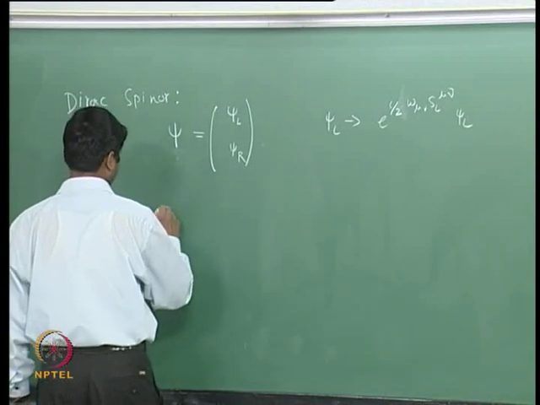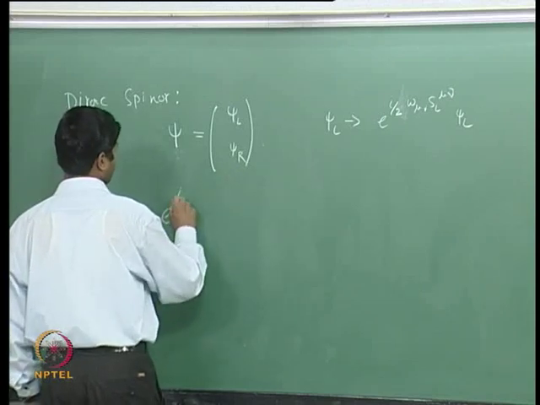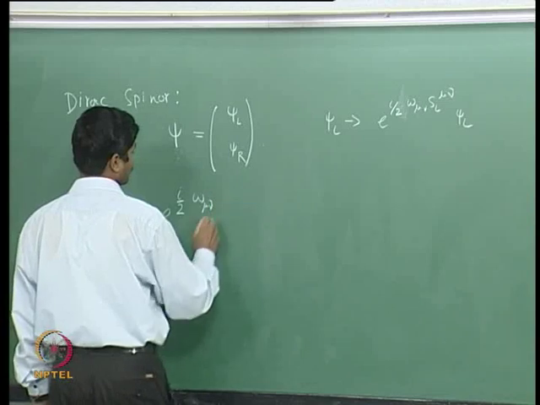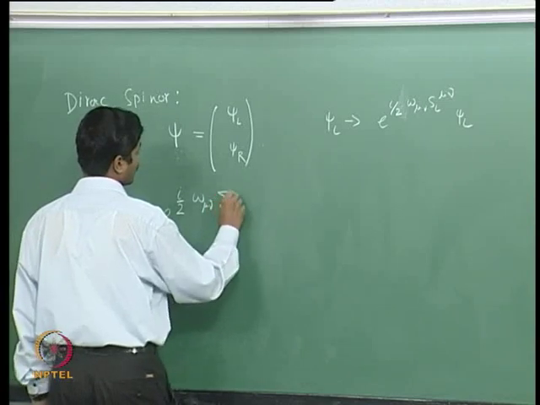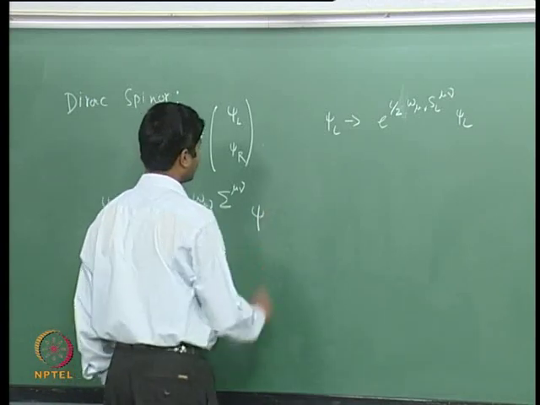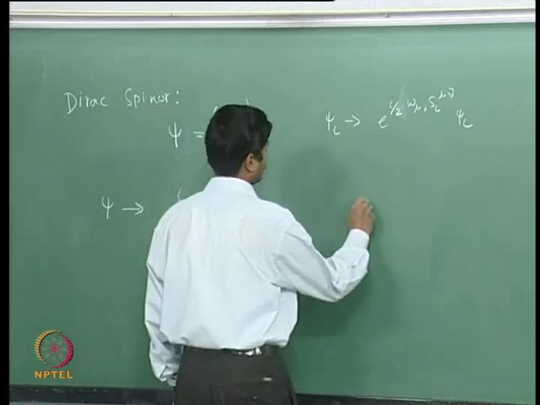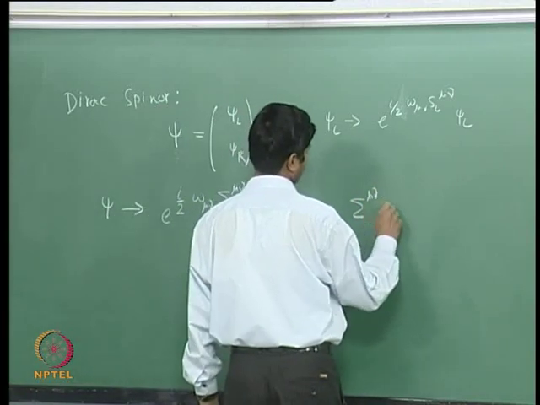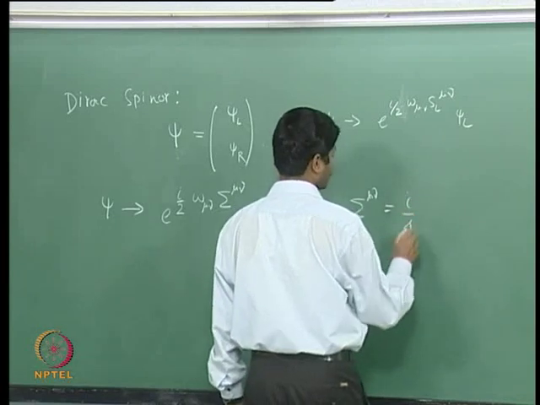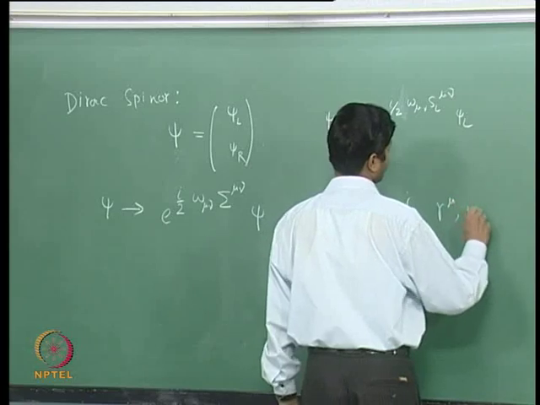So this here is e to the power i over 2 omega mu nu sigma mu nu, where sigma mu nu is nothing but i over 4 times the commutator of gamma mu and gamma nu.